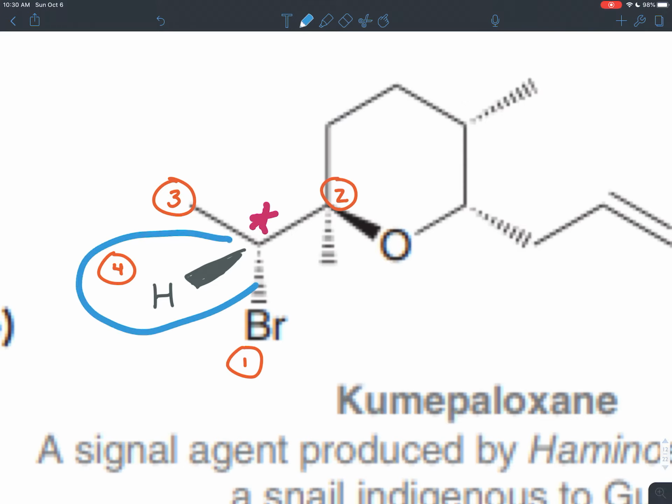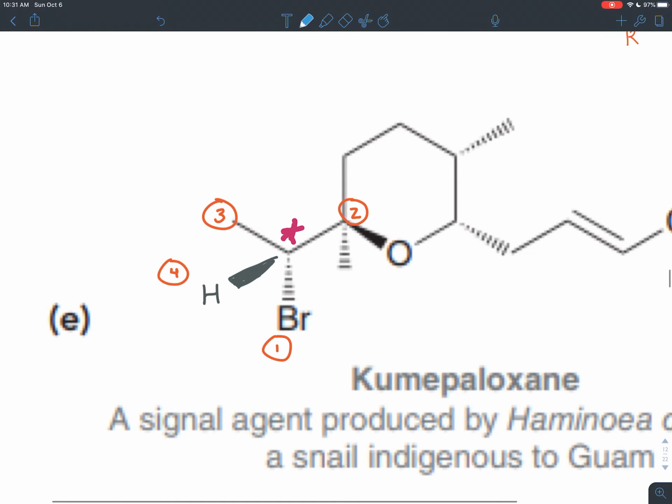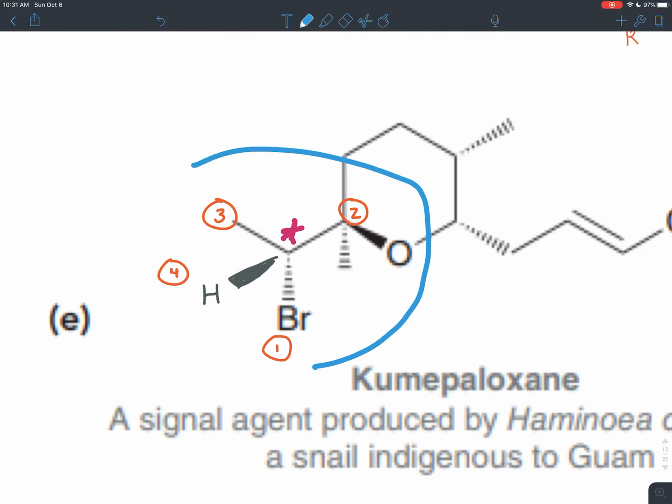The second step is making sure that 4 is going away. 4 is not going away, it's coming out at us. Now what that means is we're still going to go from 1 to 2 to 3 and see whether we're going clockwise or counterclockwise. But whatever configuration we would think we would get from that, we have to switch because 4 is coming out at us. So if you go from 1 to 2 to 3, you are going counterclockwise.